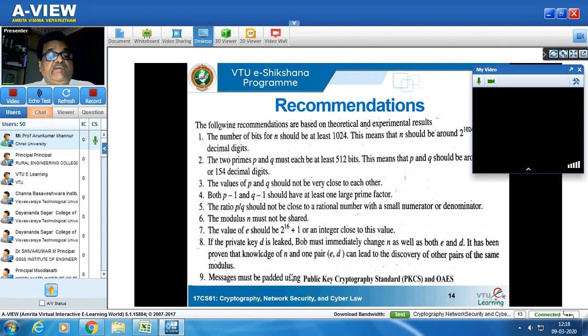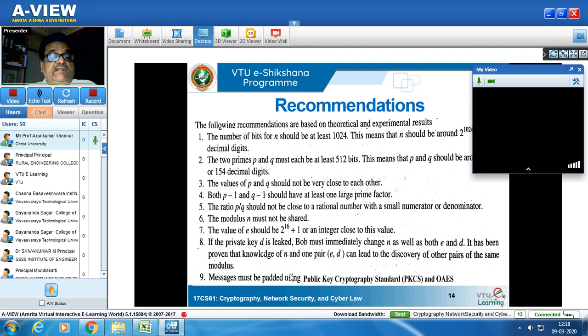The seventh recommendation is the value of encryption key E should be 2 to the power of 16 plus 1 or an integer close to this value.